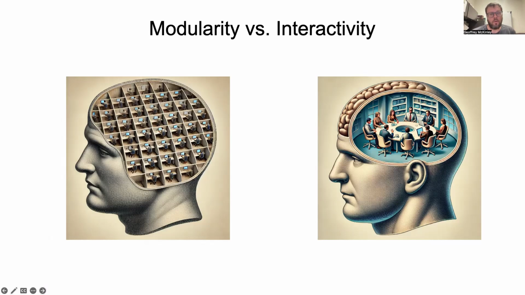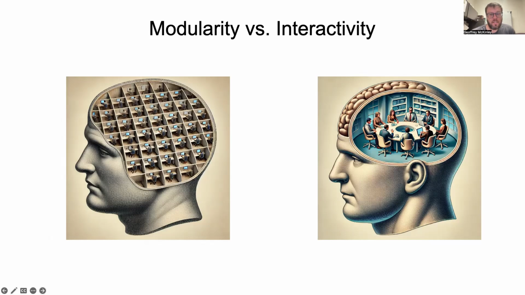So it would retrieve what is a dog, what is a mailman, what is barking, that kind of thing. But the important thing is that in a modular mind, the semantics of the sentence would be retrieved without any input from other modules. So there's no sharing of information.